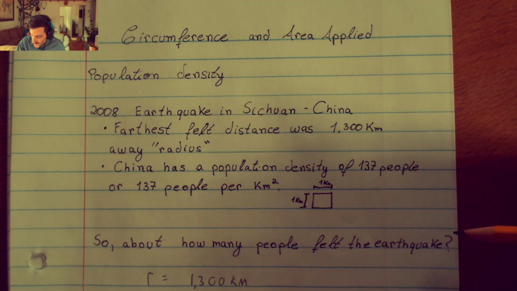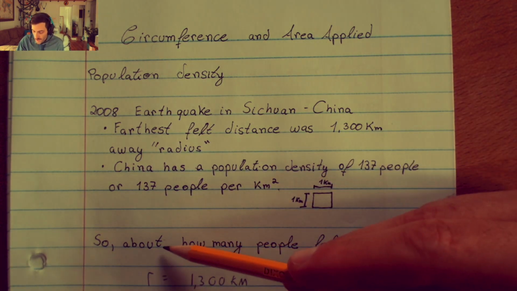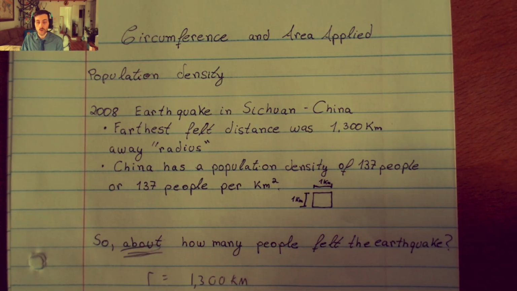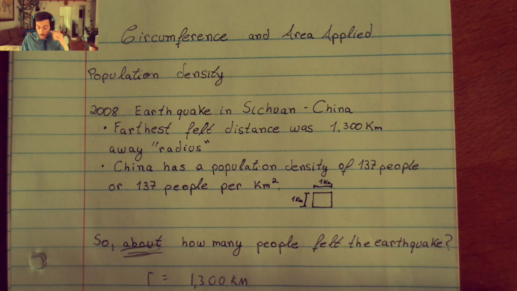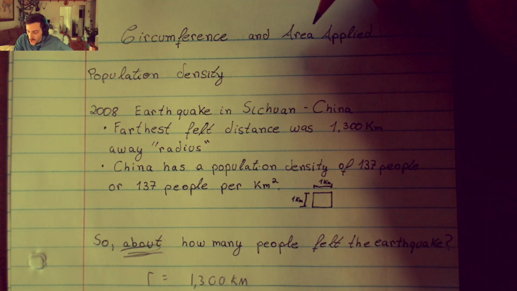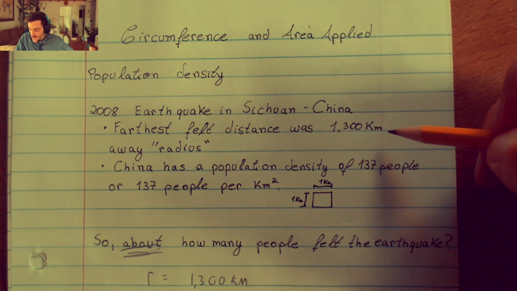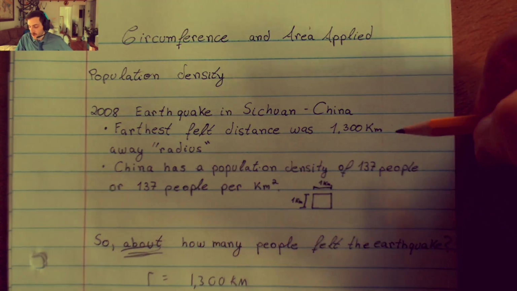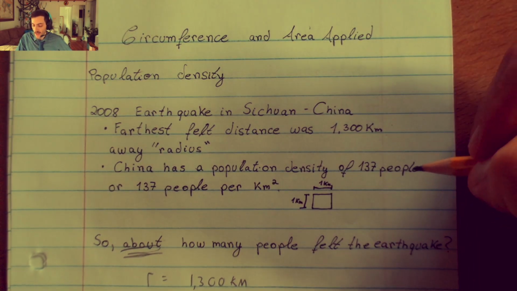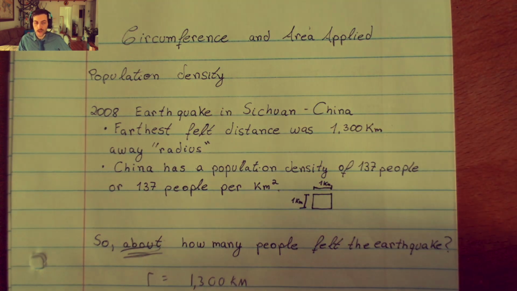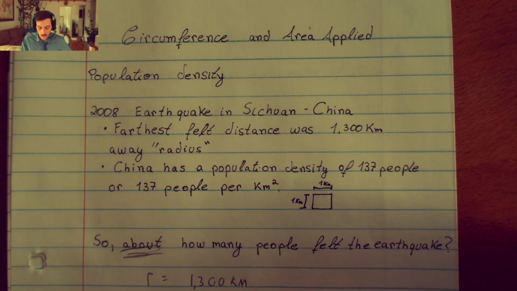In this question, we're being asked how many people felt this earthquake. To apply our formulas from this week, we're going to look at our area formula and apply our radius to it to get the kilometer squared measurement of that particular geographic location, and then figure out about how many people were impacted by this.